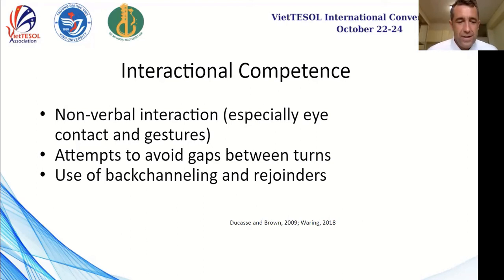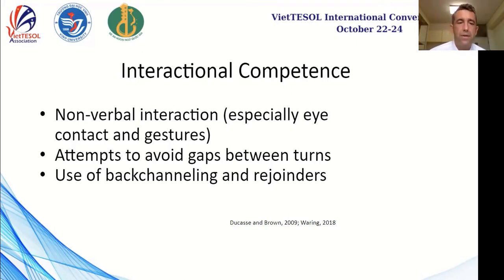Last construct is interactional competence. In the context of our test, how much the speaker uses nonverbal interaction, such as eye contact and gestures, and how much they attempt to close gaps between turns between themselves and their partner.